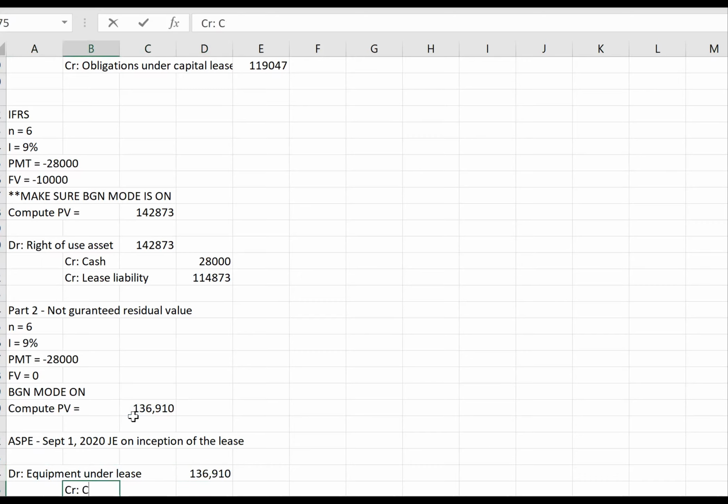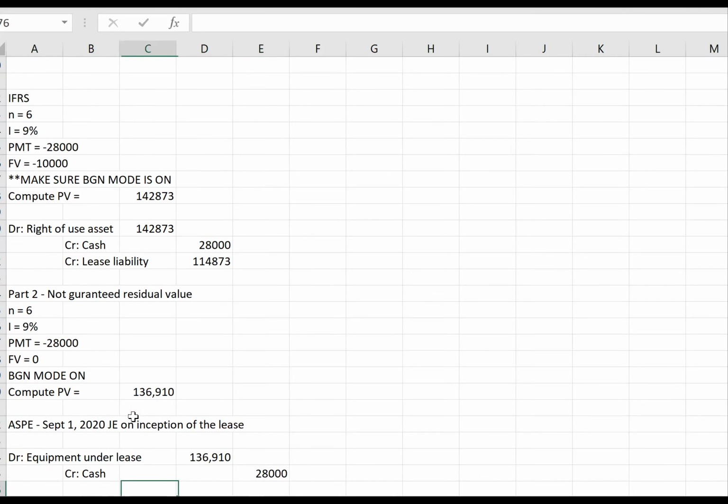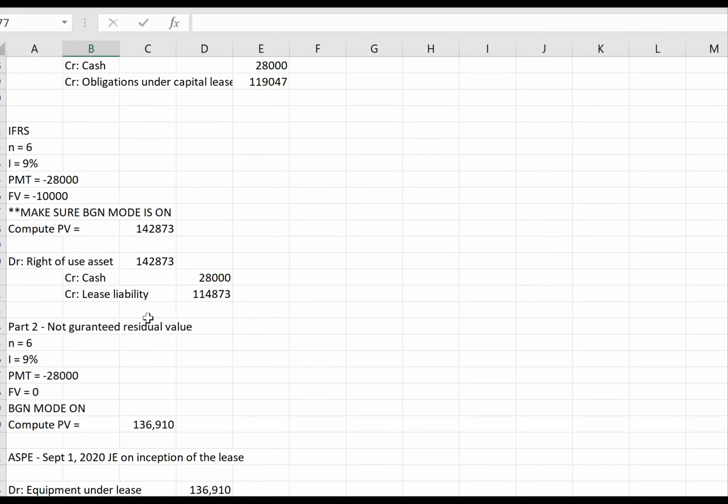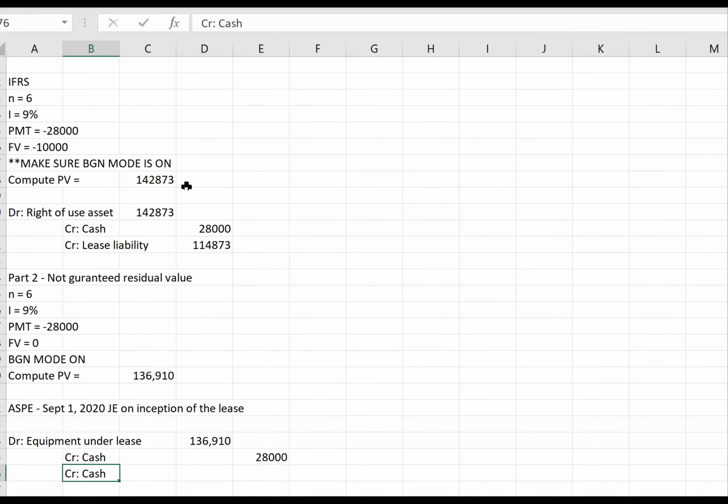Then we're going to have credit cash as 28,000. That never changes. And then credit obligations under capital lease. And this is going to be the balancing amount, which is going to be 108,910. Oh, yes, that's right. Okay, perfect.